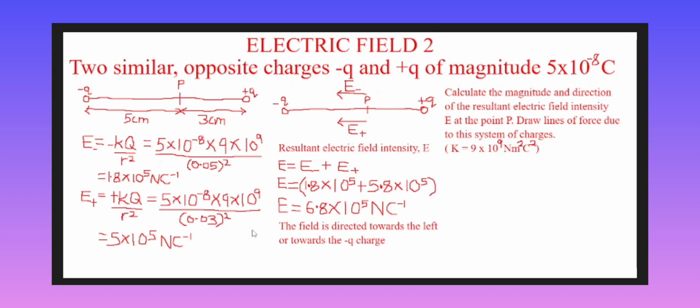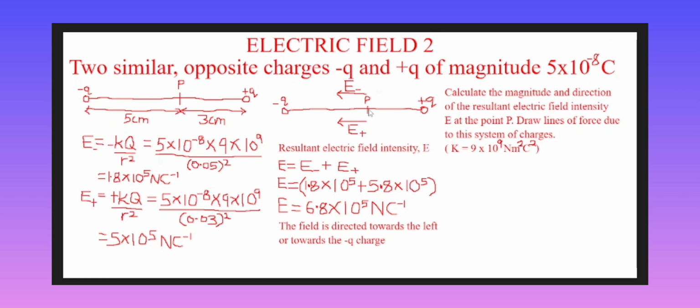Okay, now since we are to get the resultant electric field intensity at P, just like I explained earlier, if I place a positive test charge at P, this will be the direction in which the positive test charge will move as a result of the negative charge. The negative charge will attract it to itself.